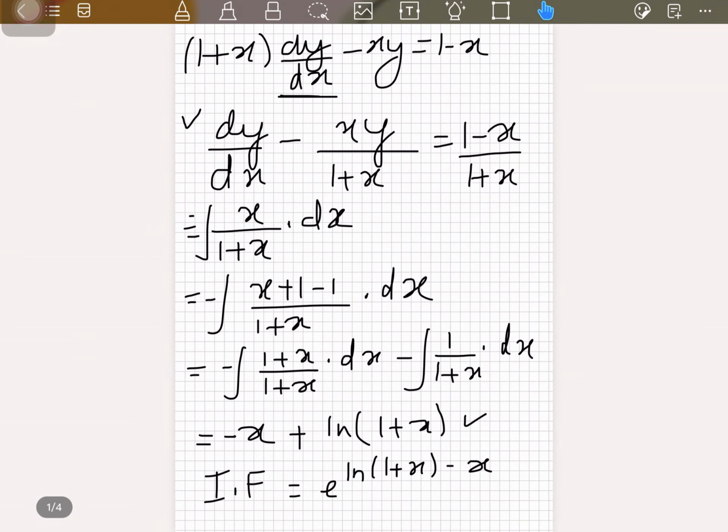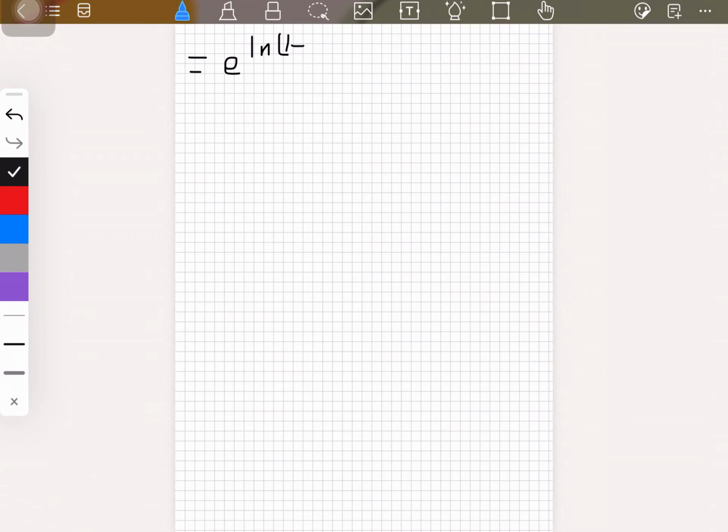That can be written as e to the power ln of 1 plus x times e to the power minus x. Over here we get 1 plus x, because these two cancel each other's effect out. If you want to see, you can use the properties of logarithms, and this thing remains as it is, or you can write it as divided by e to the power x, by the laws of indices. So this is the integrating factor.